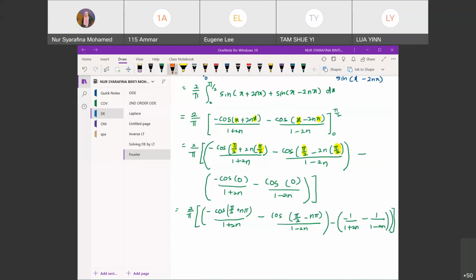And then we can see here, by using identity again, cos (pi over 2 plus n pi) will become cos pi over 2 cos n pi minus sine pi over 2 sine n pi, over 1 plus 2n, minus cos pi over 2 cos n pi plus sin pi over 2 sin n pi, over 1 minus 2n.